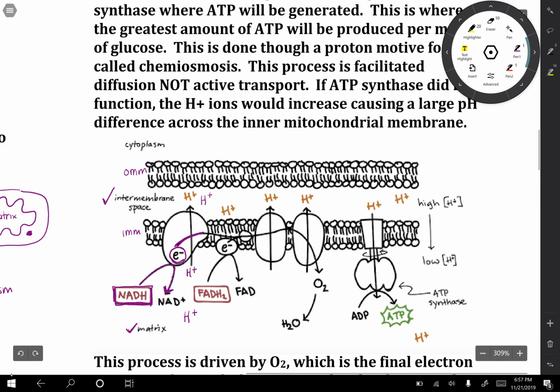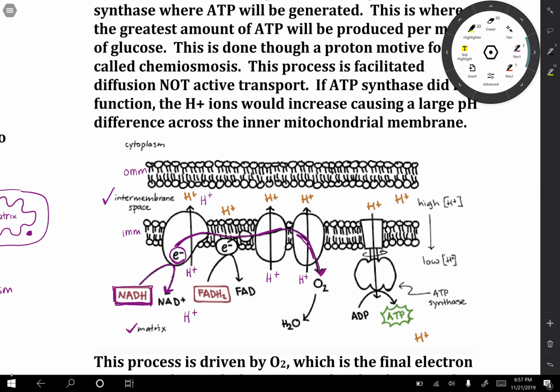Well, this electron, let's follow it through, is then going to go through a second pump right there, where this hydrogen is going to be pumped into the intermembrane space. It's then going to go through a third protein, where it's finally going to come to its friend oxygen, which is known as an electron acceptor. All the while, as it passed through 3 pumps, it moved 3 hydrogens from the matrix into the intermembrane space.